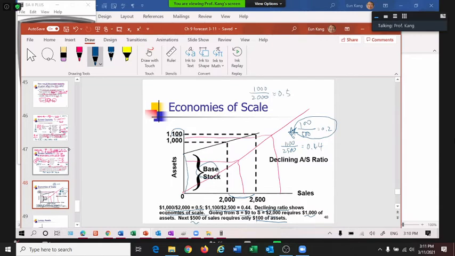So this one is definitely an exception to the additional funds needed formula, because the additional funds needed formula assumes a constant capital intensity ratio, right?